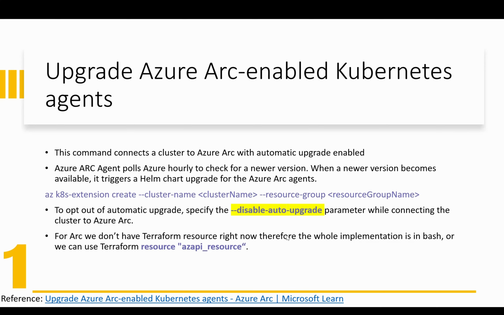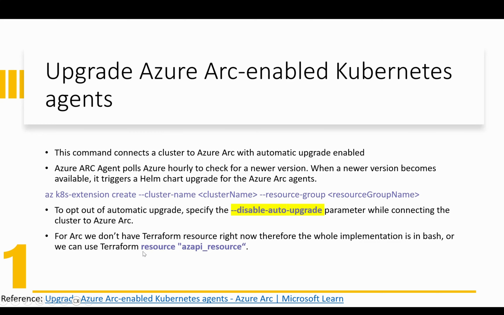Therefore, I will jump from Terraform to the CLI to connect the Azure Kubernetes cluster to Azure Arc, or of course you can use the AZ API resource. It is a resource of Terraform.